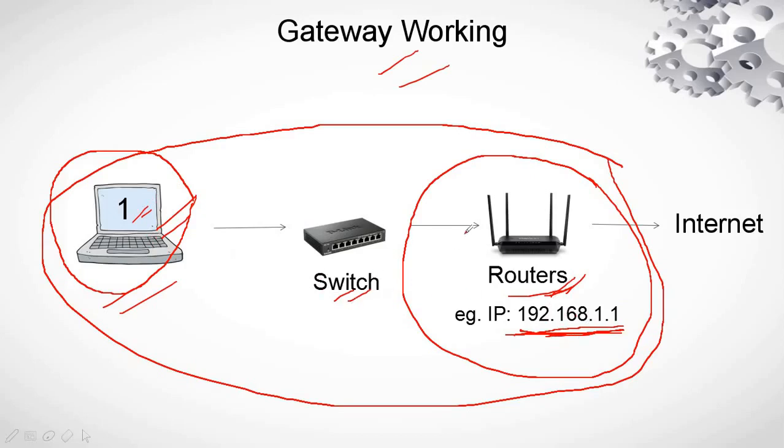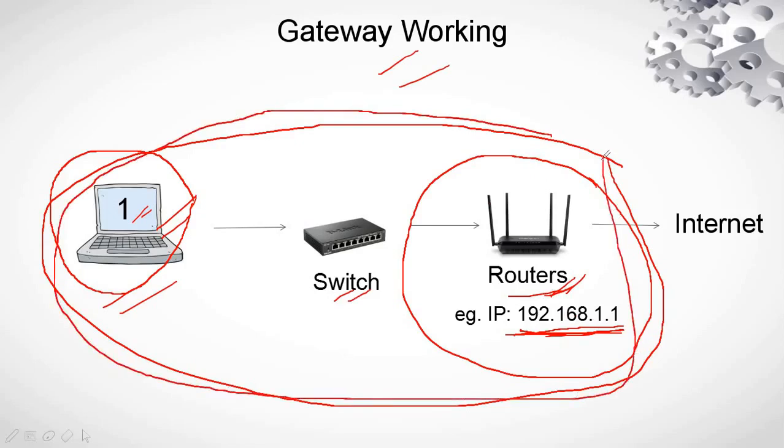So basically, whenever any LAN network is created, the router also gets an IP address similar to your device, and it will be of the same format as the IP address that your device will get.